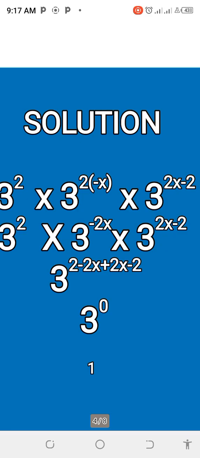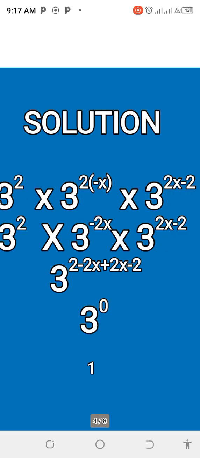So it becomes 3 raised to power 2 minus 2x, which is from 2 times minus x, plus 2x minus 2.